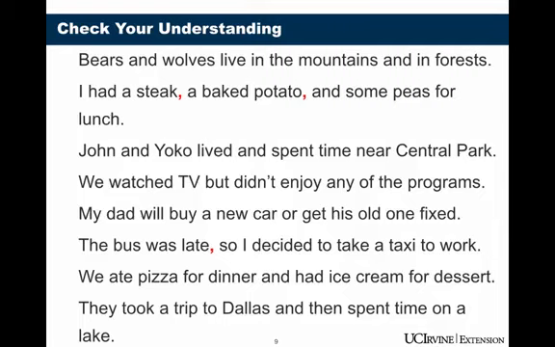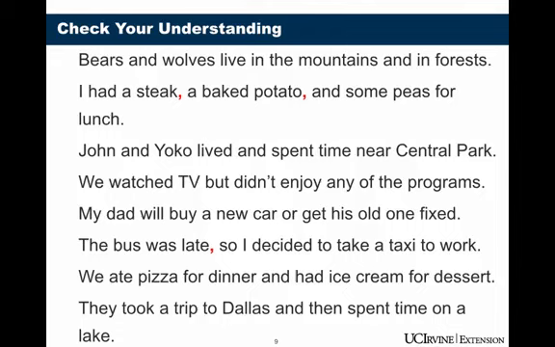The next sentence, we have a comma. We have the independent clause, the bus was late, and then after the conjunction, we have another independent clause. I decided to take a taxi to work. That's a complete sentence. It has a subject, I, so we do need to put a comma in front of the conjunction.